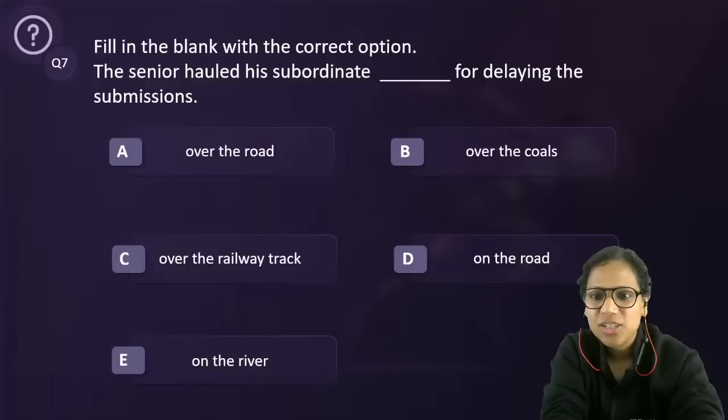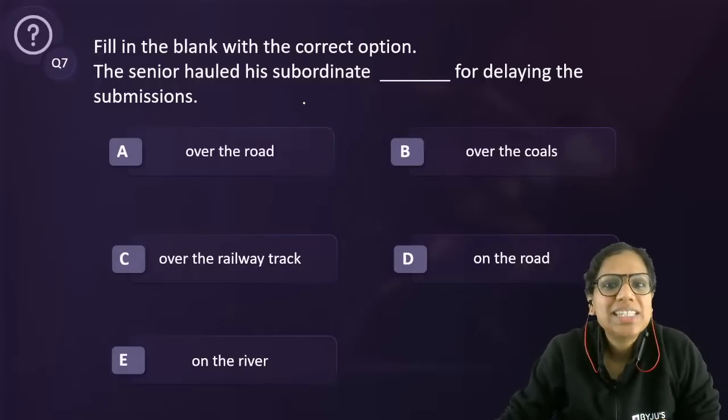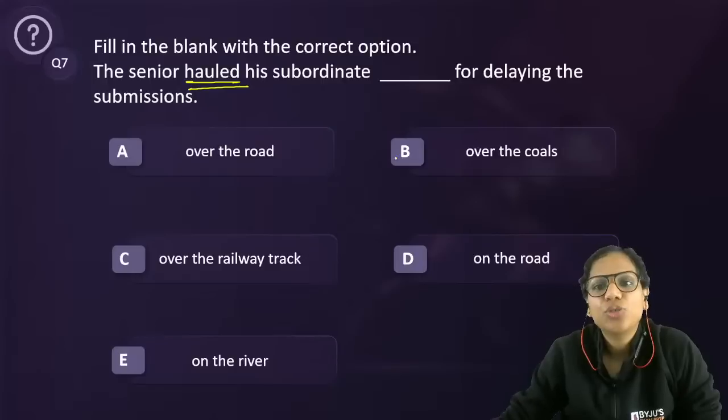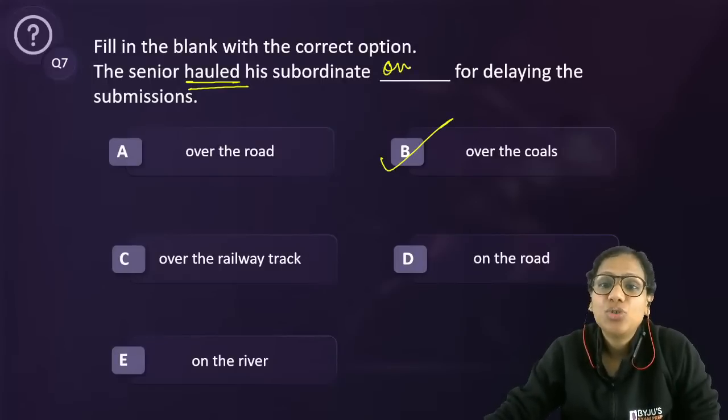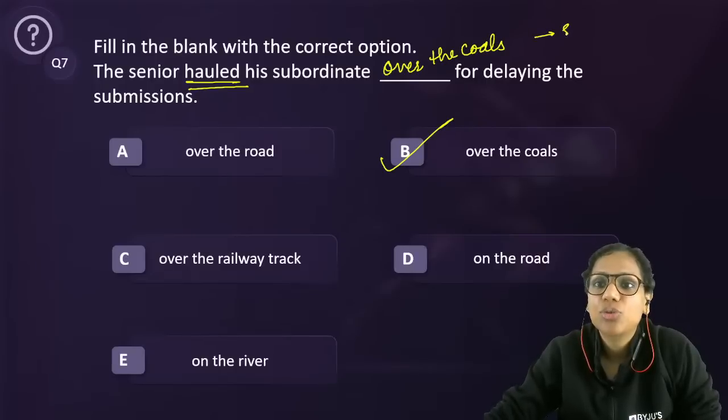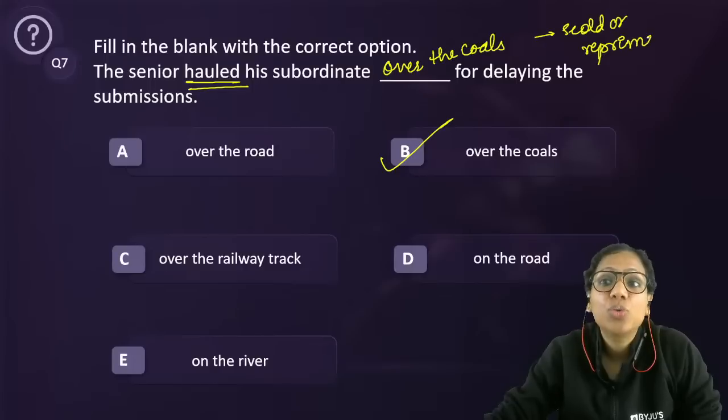So to rake someone over the coals or to haul someone over the coals means to reprimand them, to scold them strongly. This idiom has a very cruel origin.